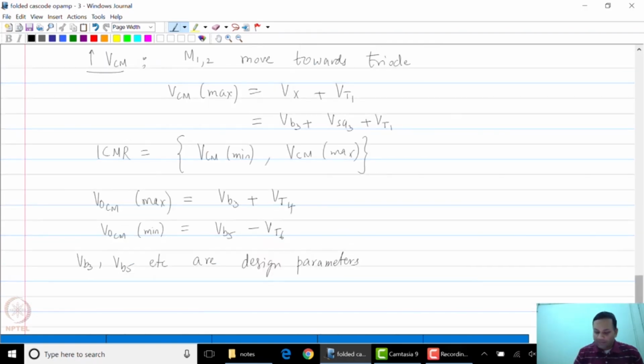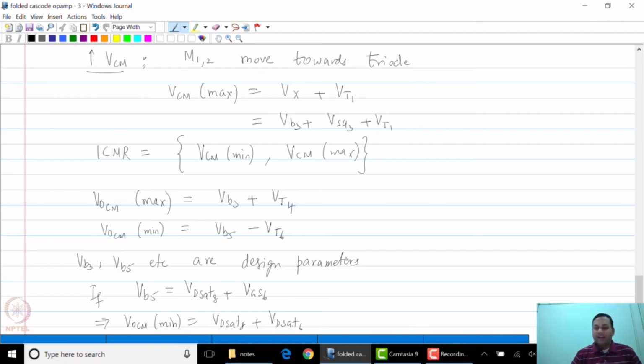So if VB5 were equal to VDsat8 plus VGS6, if this were the case, then you can see that VOCM minimum is now equal to VDsat8 plus VDsat6.